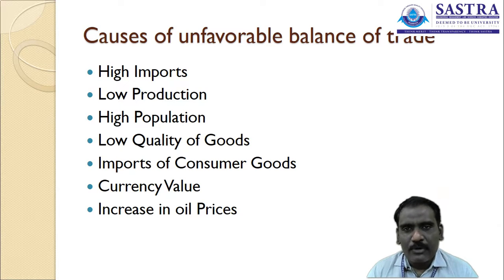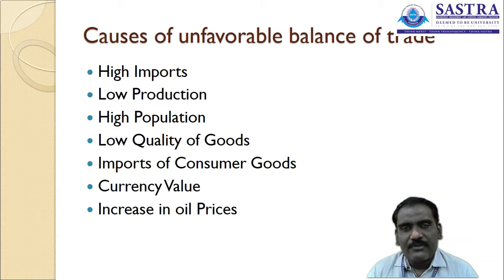Rather they want to buy imported products. What is the reason? The low quality product. The people are not interested in buying from the domestic market. They want to buy from the international market, from the international players. So this also makes an adverse situation, creating an unfavorable balance of trade.